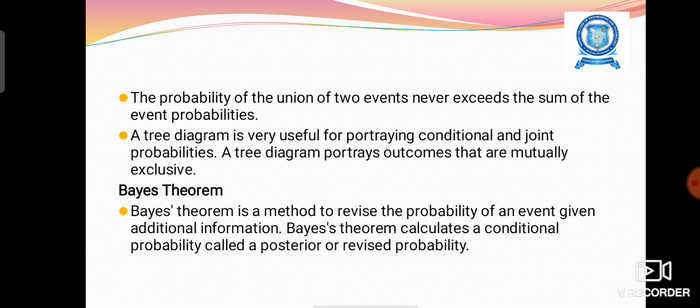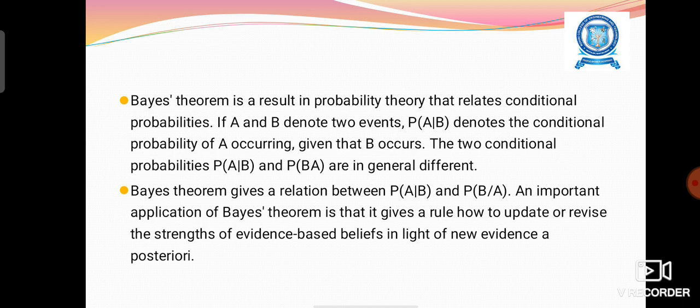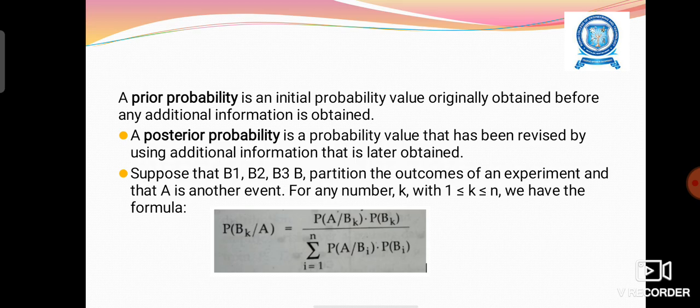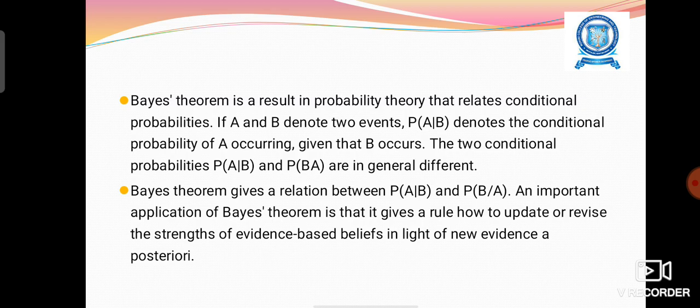And we have already studied the Bayes theorem. Bayes theorem is a method used to revise the probability of an event given additional information. It uses the conditional probability values and gives the relation between P of A given B and P of B given A. It gives the rule for how to update or revise the strength of evidence-based belief in light of new evidence: prior and posterior.